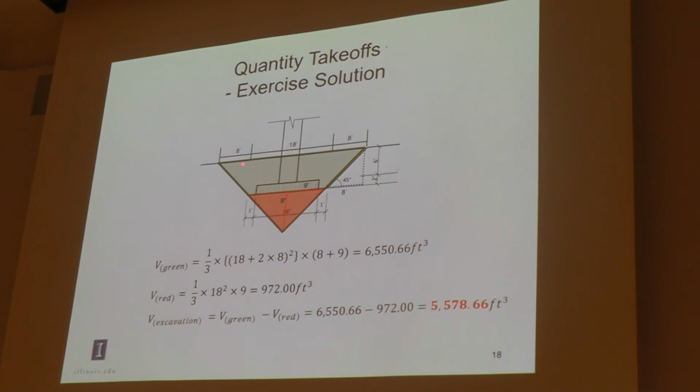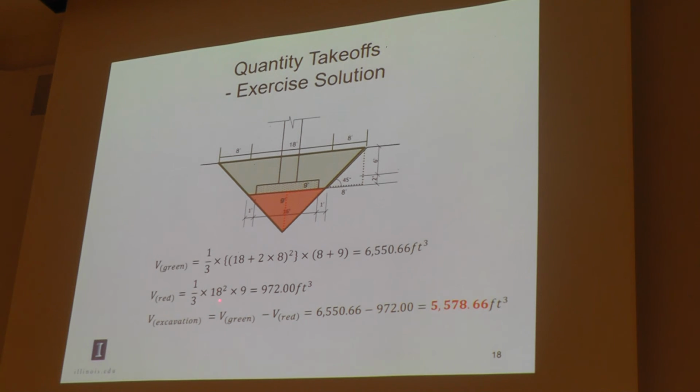This 18 is the length here. So this is a square, so it's 18 plus 8 plus 8, and the square. We got the area for the top surface, and we got the volume of this pyramid.